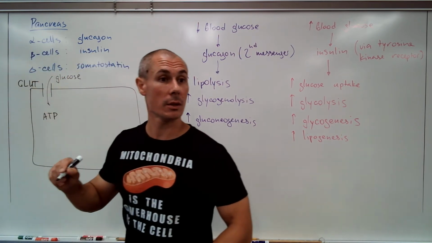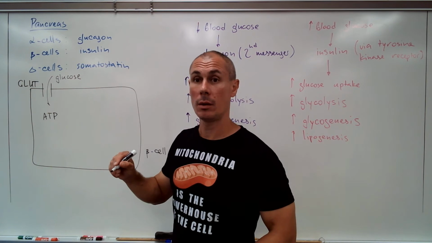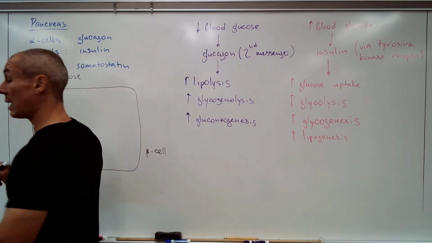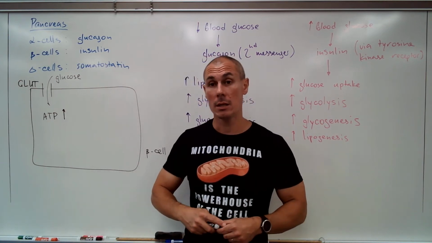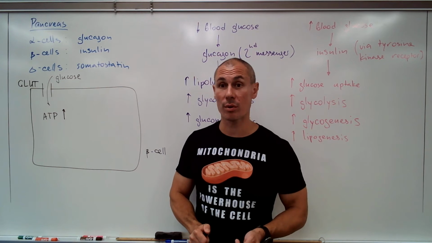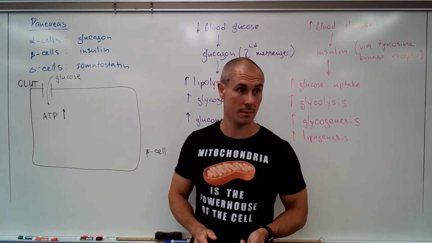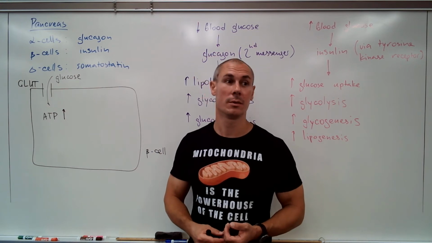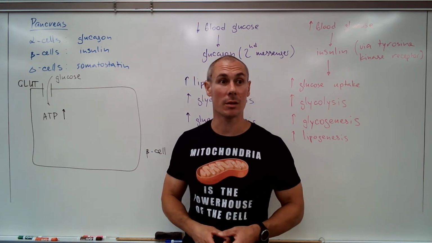They're going to go up or down. More glucose, more ATP. Turns out ATP isn't only an energy molecule, it is also a pretty powerful ligand. That makes sense? Which opens and closes ligand-gated channels.